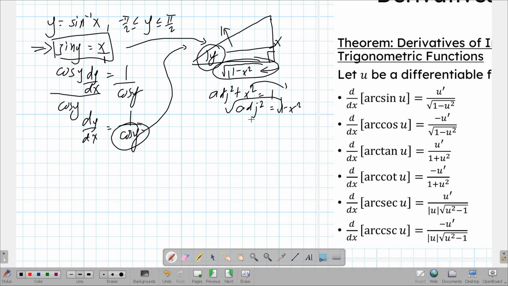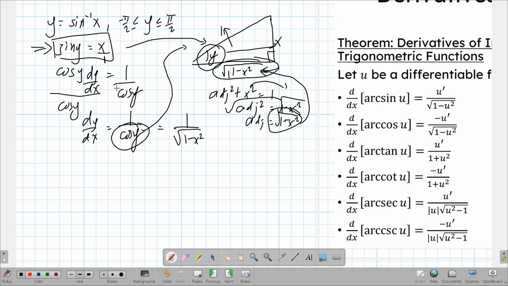So the adjacent side becomes the square root of 1 minus x squared. So cosine y becomes this over 1, and that becomes only this. Therefore, by substitution, dy over dx becomes 1 over the square root of 1 minus x squared.